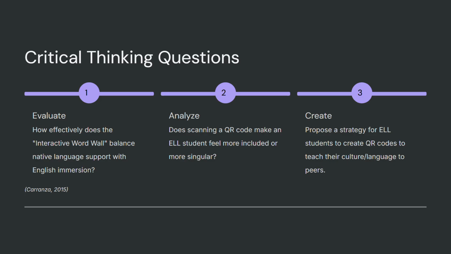Secondly, I'm asking you to analyze whether scanning a QR code rather than asking a question every 5 minutes would make an ELL student feel more included, or would it single them out even more? And third, I want you to create a strategy where an ELL can use QR codes and augmented reality to teach their culture and their language to their peers, their teachers, and other classmates.